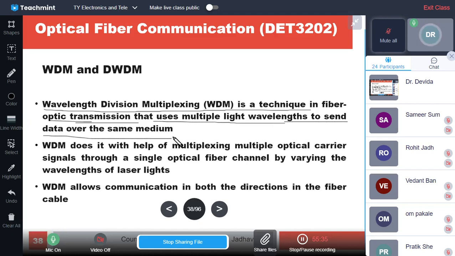In simple language, WDM is a technique in a fiber optics transmission system that uses multiple light wavelengths to send the data over the same medium. Okay. WDM does it with the help of multiplexing multiple optical carrier signals through a single optical fiber channel by varying the wavelengths of laser lights.